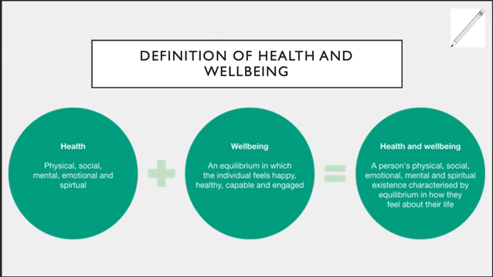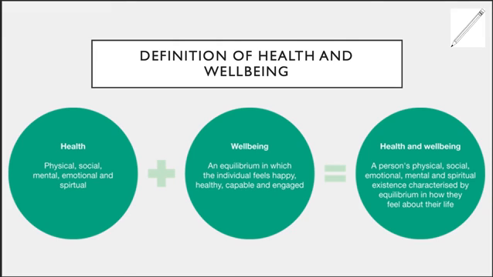Now that we've got those definitions, I think it's important that we do show that there is a difference and a breakdown between health and well-being. And when we put them together, it's an overall holistic look at the human being. So health is the 5 categories, the 5 dimensions of health, and the well-being is about that equilibrium and balance.